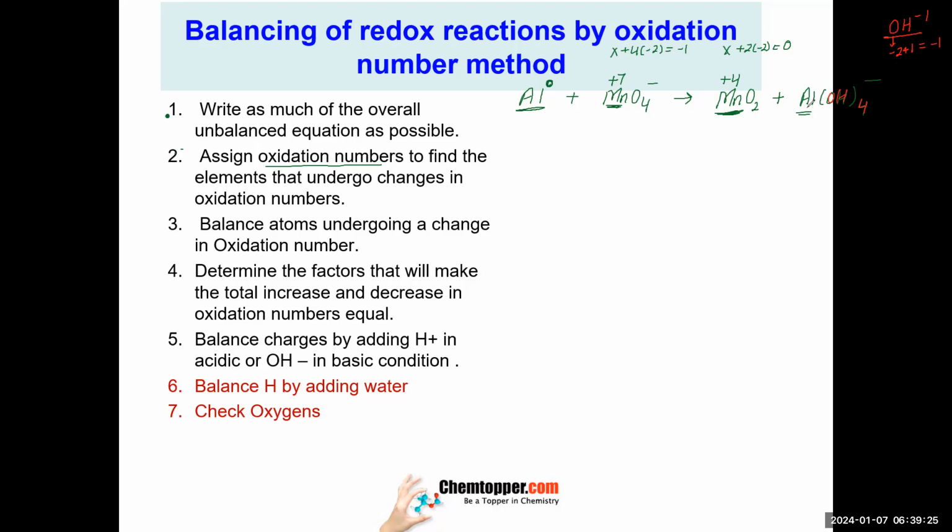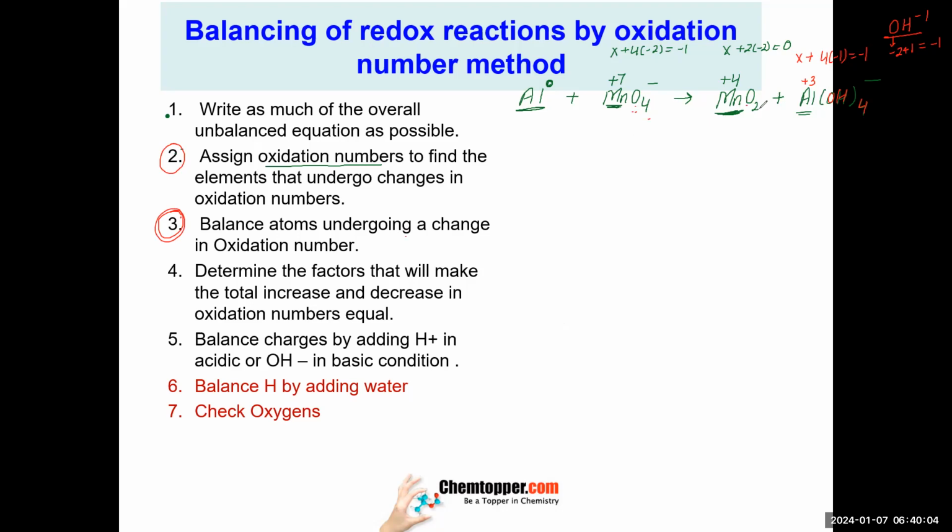So now work out the oxidation number of aluminum. Aluminum is X. OH is -1. How many OH? 4. X plus 4 times -1 is -1. Yes, so it is +3. So rule number 2 is done. Assign the oxidation number to every element. And now balance these atoms which are undergoing change in oxidation number. Rule number 3. You see, I didn't check for oxygen and hydrogen because they are not changing.